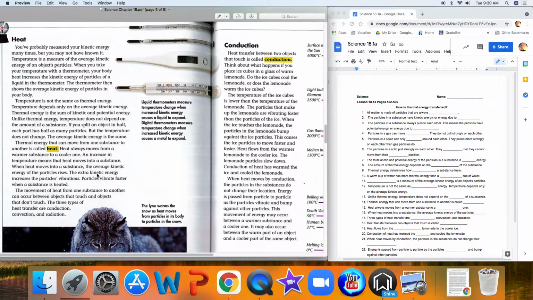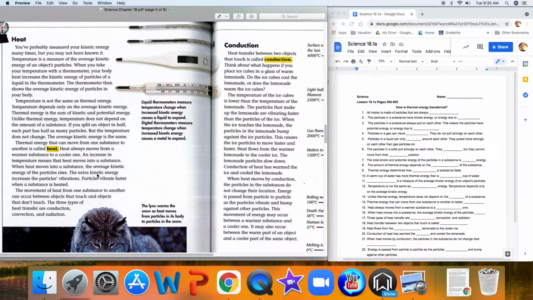Oh, no. They're the same. They're both at 50. In temperature, guys, we don't care how much you have. In thermal energy, do we care how much you have? Yes. So on the first page, when we're talking thermal energy, amount matters. On the second page, when we're talking about temperature, amount doesn't matter.